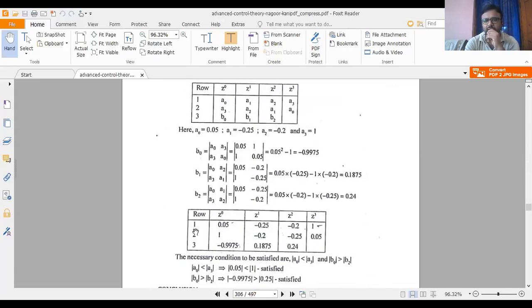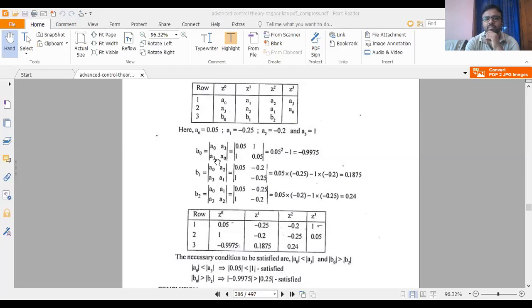The second row is nothing but the reverse order of the first row, that is 1, minus 0.2, minus 0.25 and 0.05. And the third row has the values of b0, b1 and b2, which are obtained with the calculation from the first row and second row.